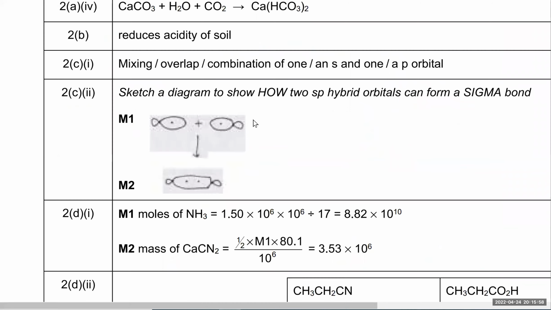So they're probably going to draw a typical one. That's your typical sigma bond. One electron getting pulled in this direction, the other in the other direction, and they overlap in this middle part over here.